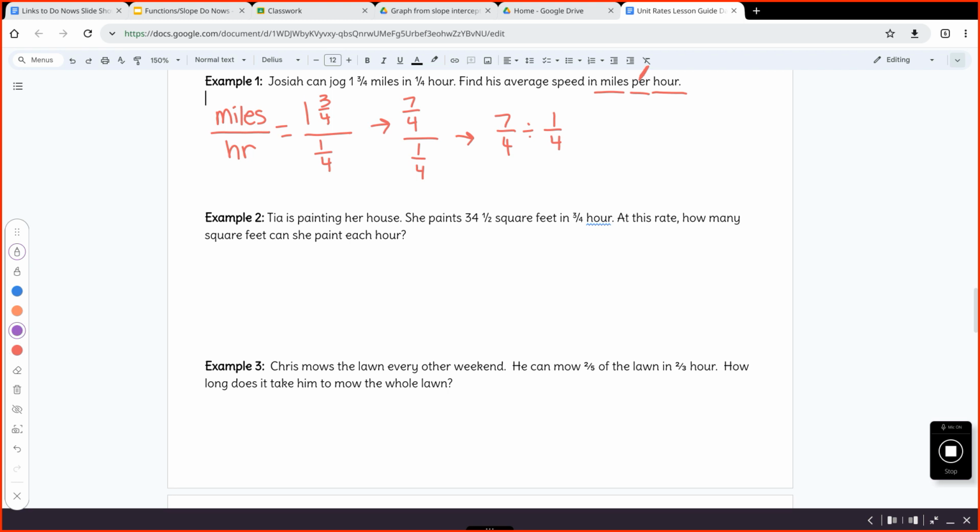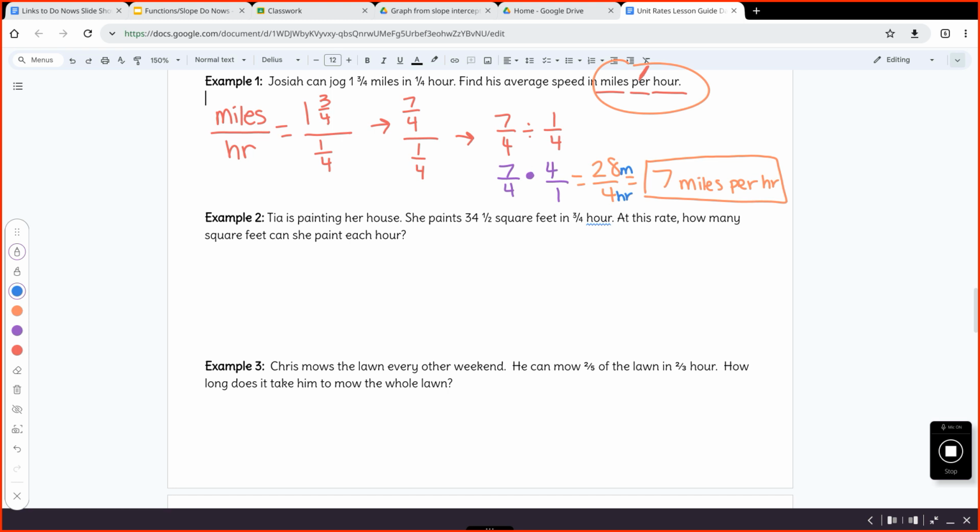In order to solve this, you keep the first fraction, turn the division to multiplication, and flip the second fraction to the reciprocal. So now we have 7 times 4, which is 28, over 4. Now we can simplify this. 28 divided by 4 is 7. And let's not forget our units. It's given right here, 7 miles per hour. Again, this was 28 miles and this was 4 hours.